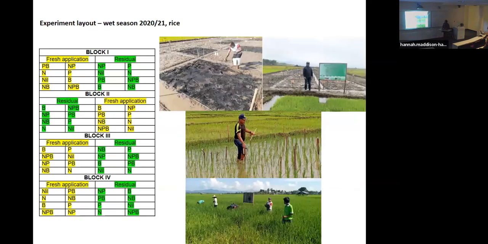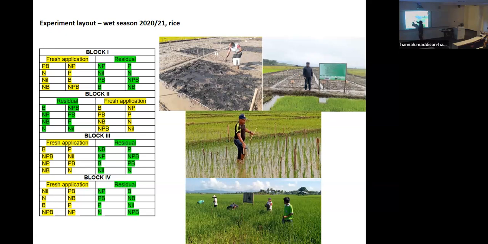And this is the layout for the rice experiment in the wet season. As I said before, the fresh application is prepared using a tractor, while the green ones are prepared by hand, manually, using a hoe. Why? Because the biochar and fertilizer are already here, as residue from the capsicum we applied previously.